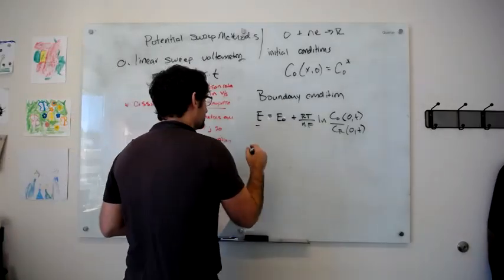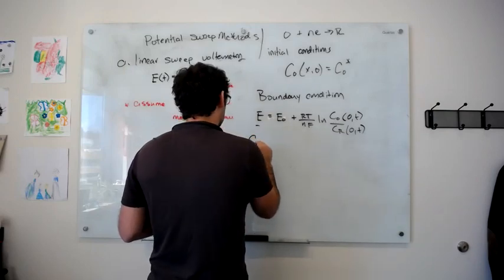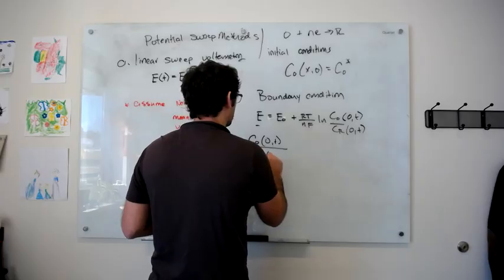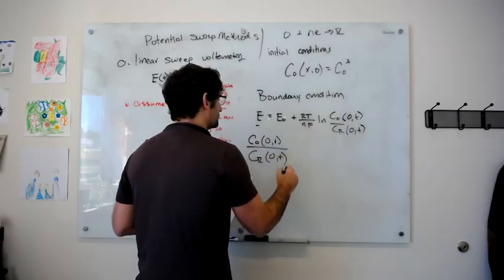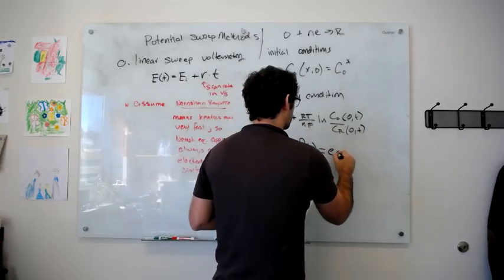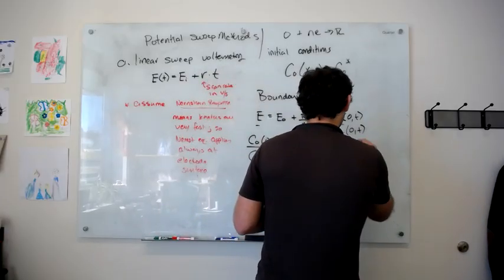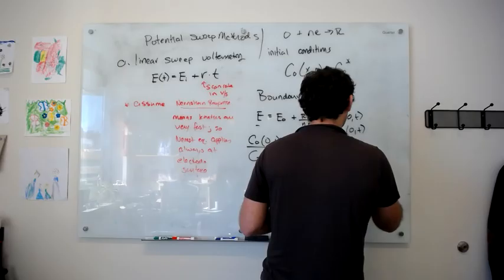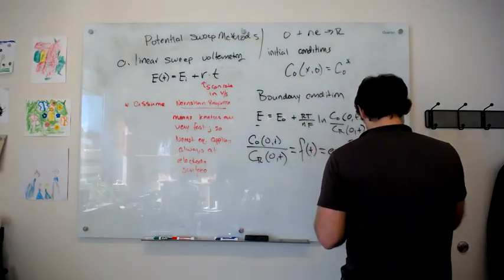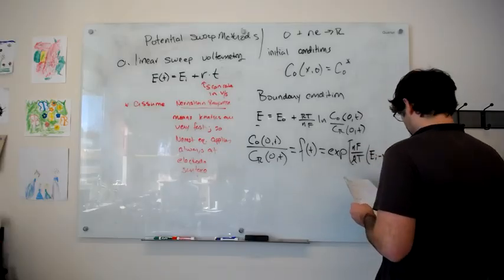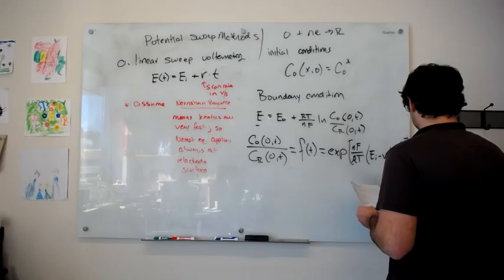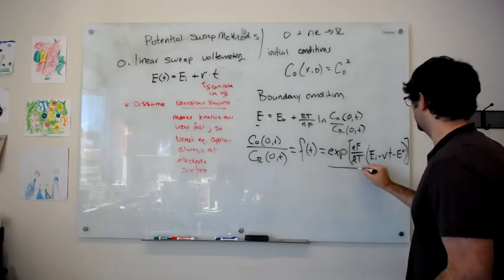But I can rearrange this equation and write C_O(0,t) over C_R(0,t), the concentration ratio at the surface as some function of t, and that's going to be equal to the exponent of nF over RT times (E_i minus vt minus E naught prime). Okay, so there is the Nernst equation.